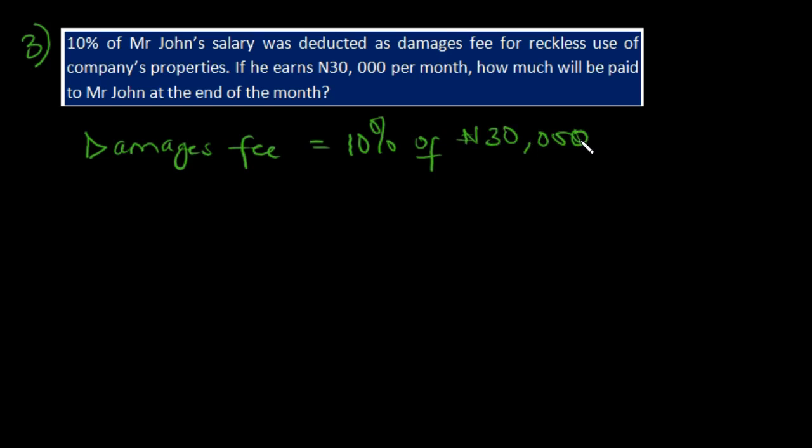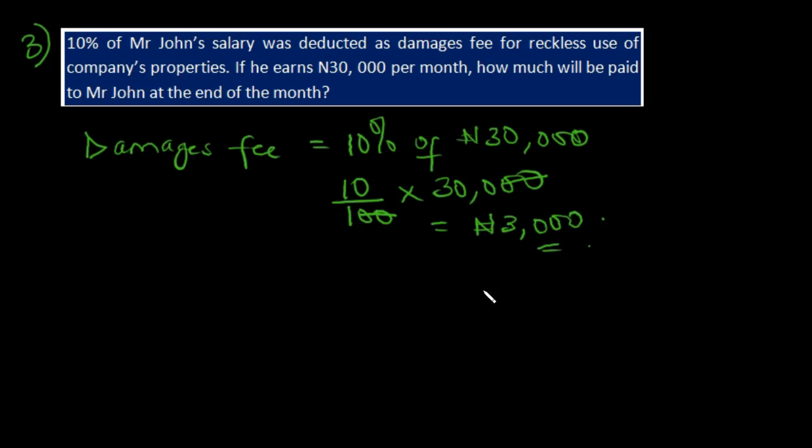So his damages fee will be 10 over 100 multiplied by 30,000 naira. 2 zeros cancel 2 zeros. So we have 3,000 naira.